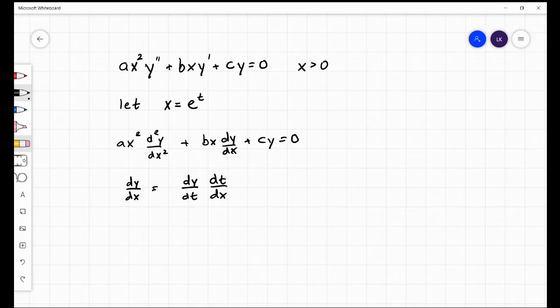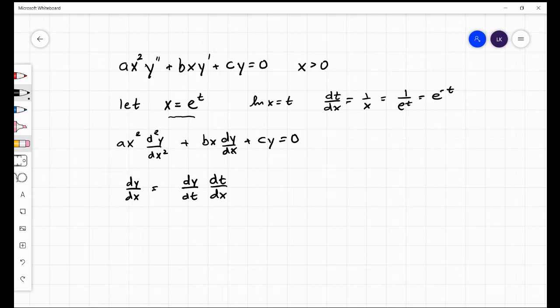Now, notice that if x is equal to e to the t, then it's equivalent to saying that log of x is equal to t. So it's actually very easy to find the derivative of t with respect to x. It's just 1 over x. Or if you'd like, since x is e to the t, it's e to the minus t, right?